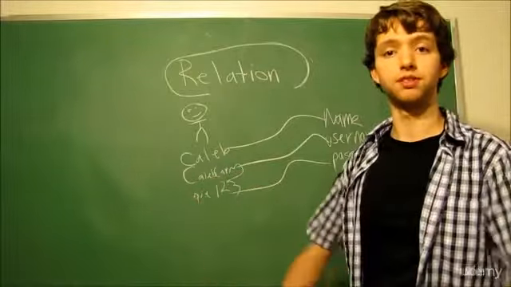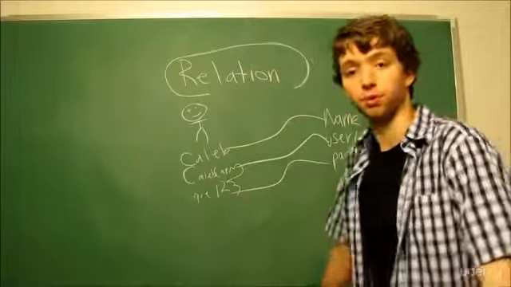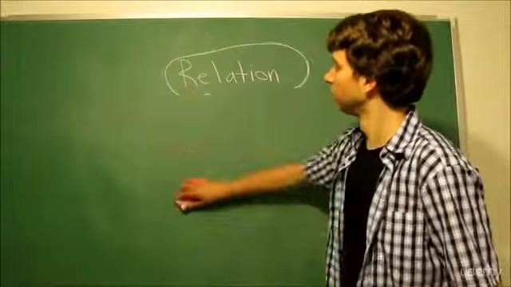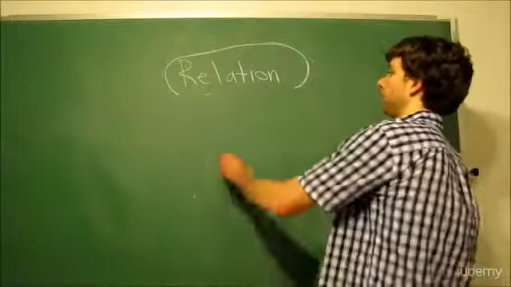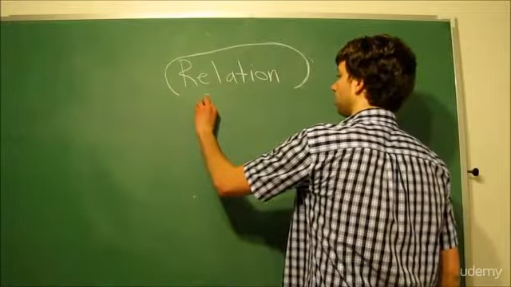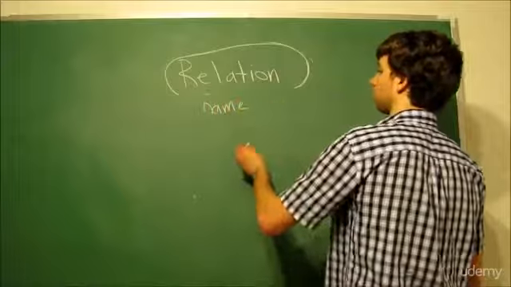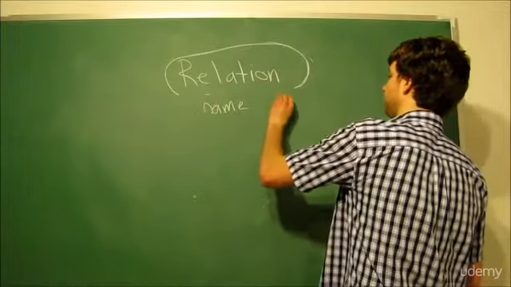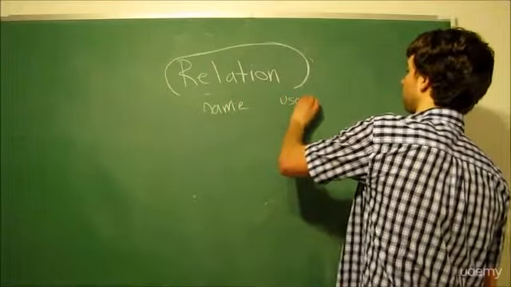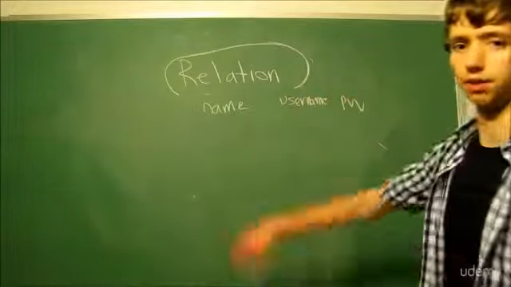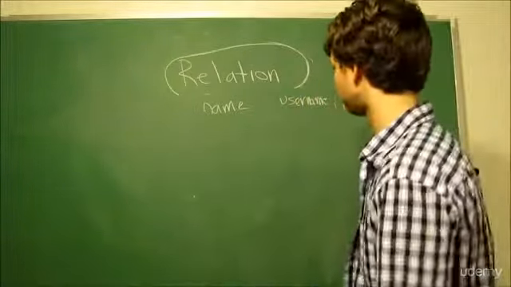So we store these in tables, which is exactly what we were doing with the relations. So we have up here in our columns, we have the name, and then we have the username, and then the password. Don't worry if you can't read my handwriting, you get it.